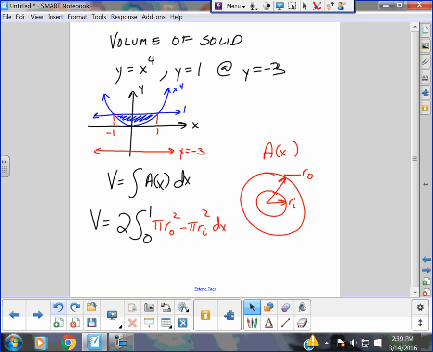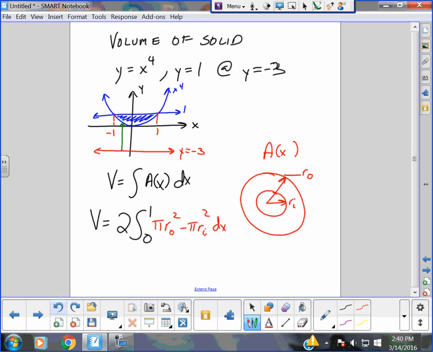Now, this gets a little more complicated because if I draw the inside radius, you guys agree now the inside radius is the x to the 4th function. So if we look at this, it's going to be the number minus the function. But what's the upper function this time? The upper function is the curve.